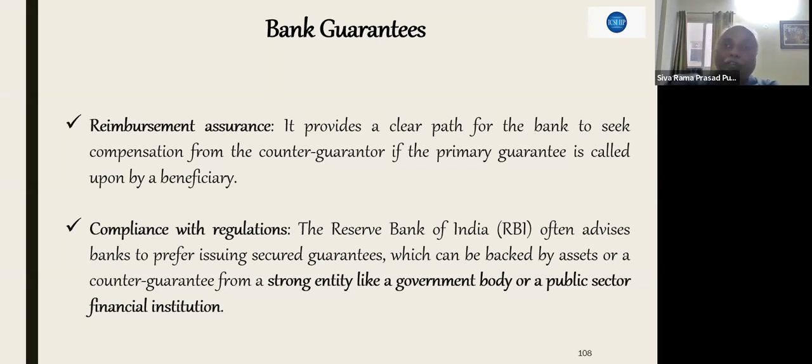And in case of a secured creditor, whether he is invoking or not invoking is to be informed to the liquidator. All these things are applicable in case of bank guarantees.